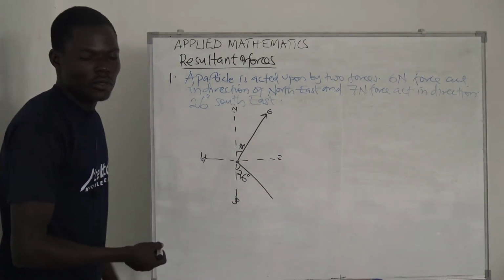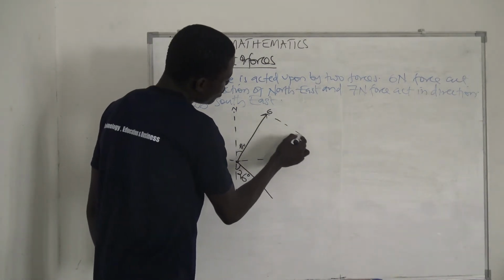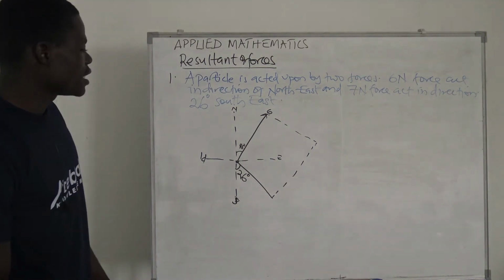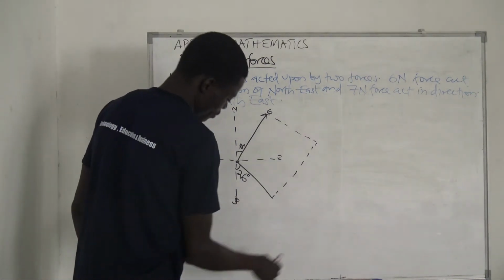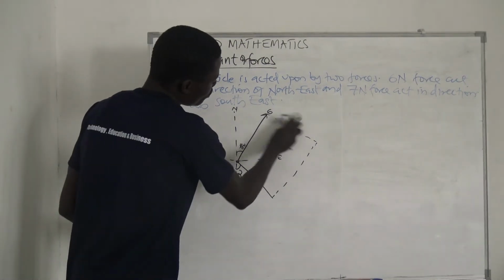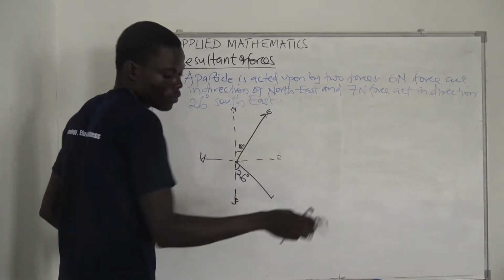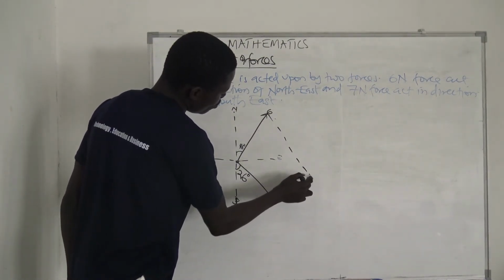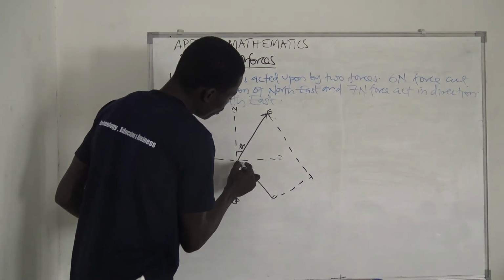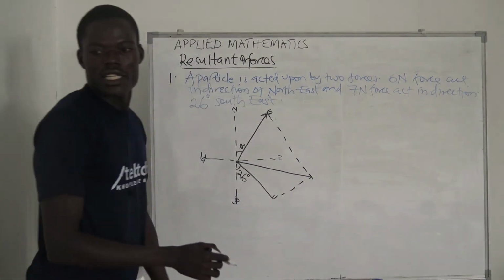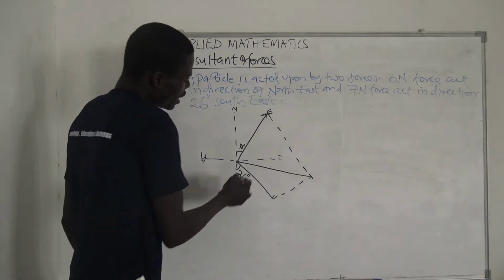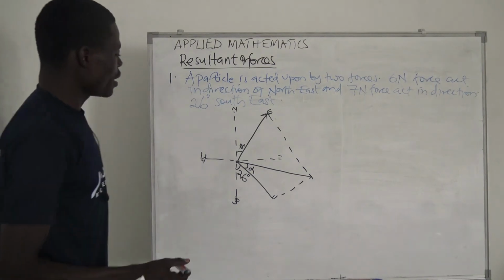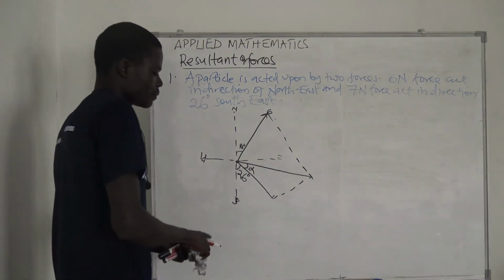So what do we do? If we extrapolate this one, and we extrapolate this one, where will the resultant force act? Our resultant force will act in this direction. The direction between the two will be alpha. So let us use it as star.